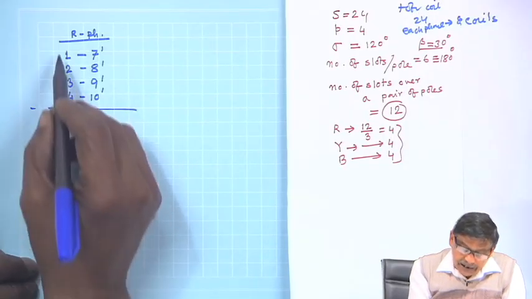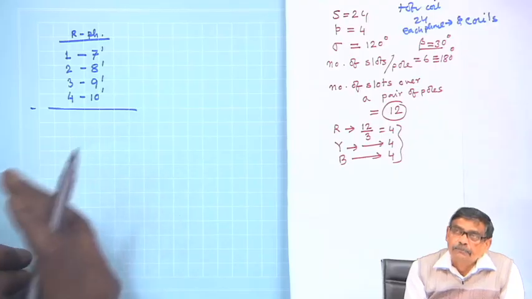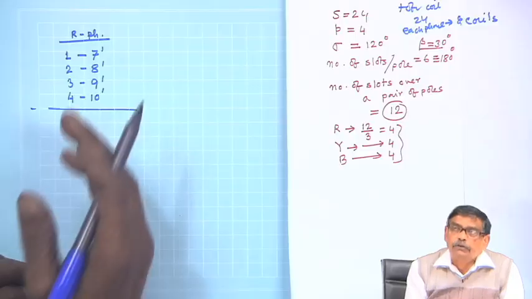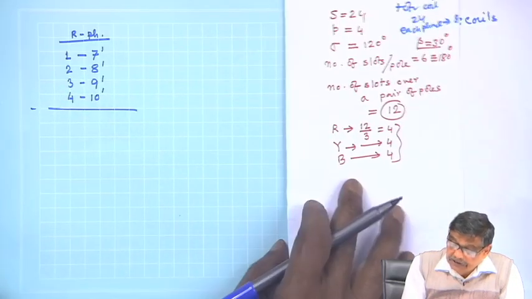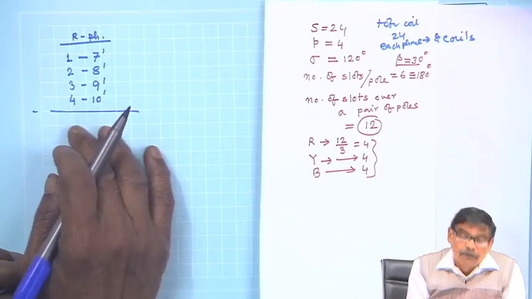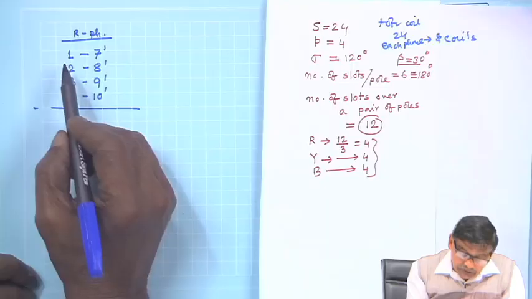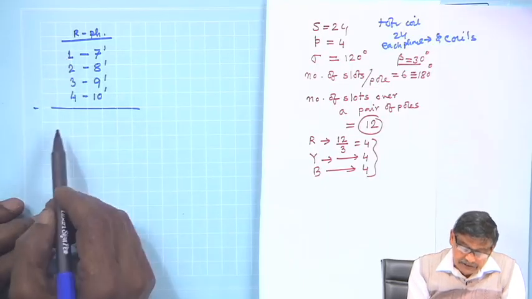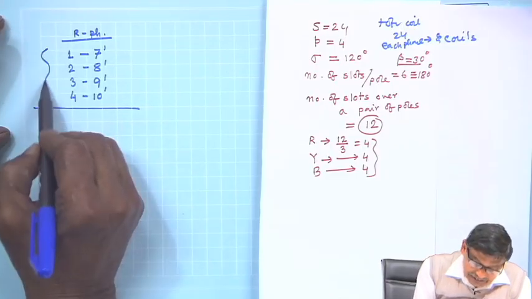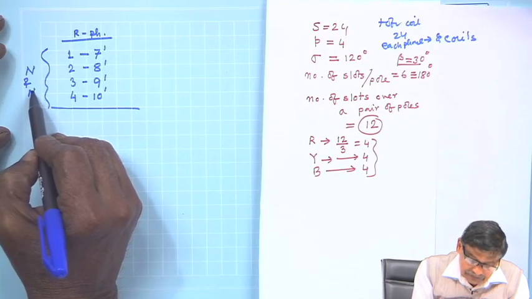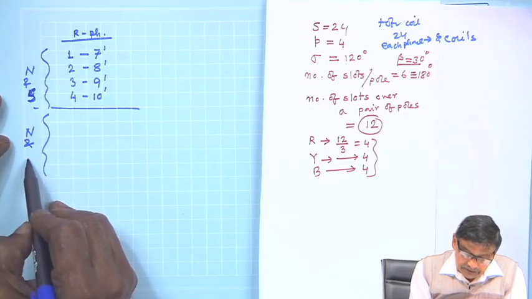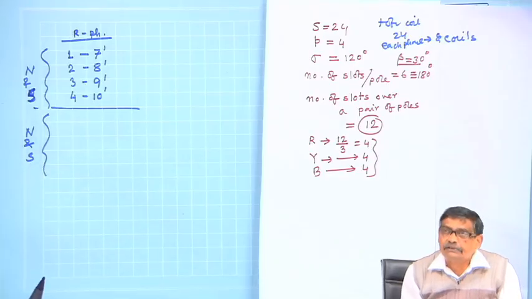And when we have moved this much, I have moved by 2 poles, and only 4 coils have been covered. Where will be the other 4 coils of R phase, because each phase has 8 coils? Where should I start from? Should it be 1 plus 6, 7? No, 1 pole pair is over. So, this is one north and south. It is a 4 pole machine, and the next pole pair will be here, north and south.